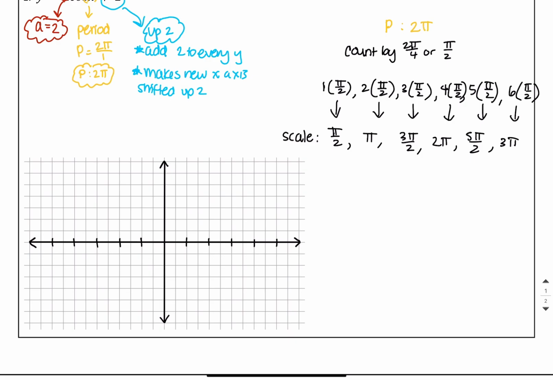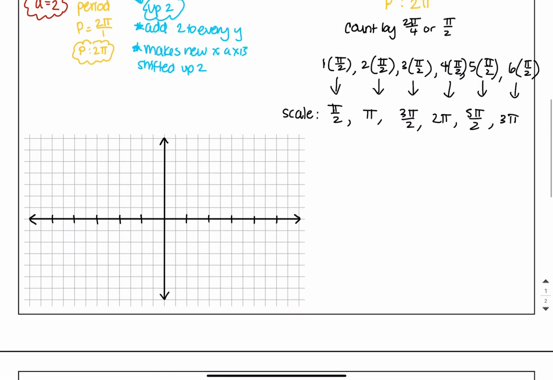So I'm going to do pi over 2, pi, 3 pi over 2, then 2 pi, then 5 pi over 2, then 3 pi, and then the same in the reverse: negative pi over 2, negative pi, negative 3 pi over 2, negative 2 pi, negative 5 pi over 2, negative 3 pi.